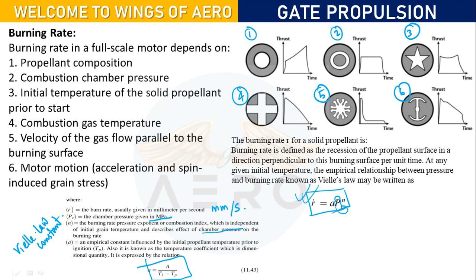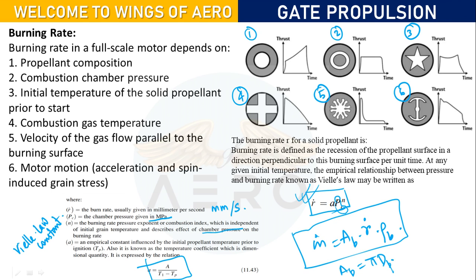They have not given that. Instead they have given one more formula here: m dot equals Ab times r times rho b, where Ab equals pi times db times L. You leave this part.